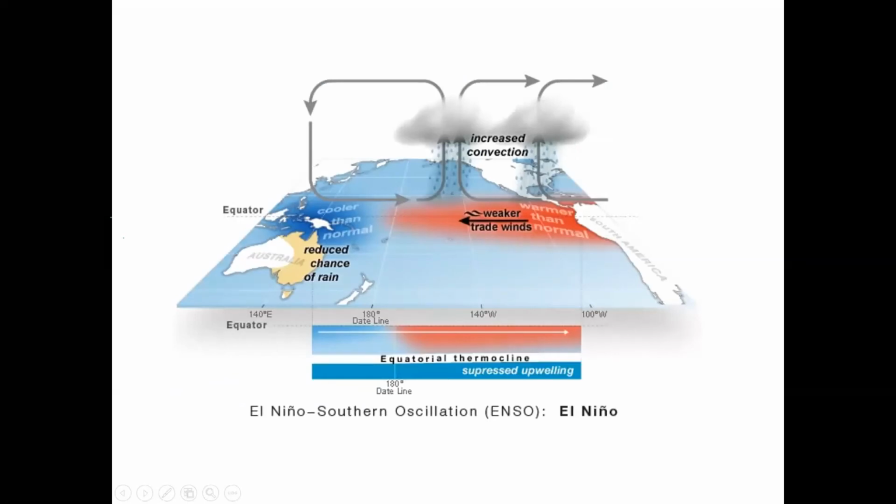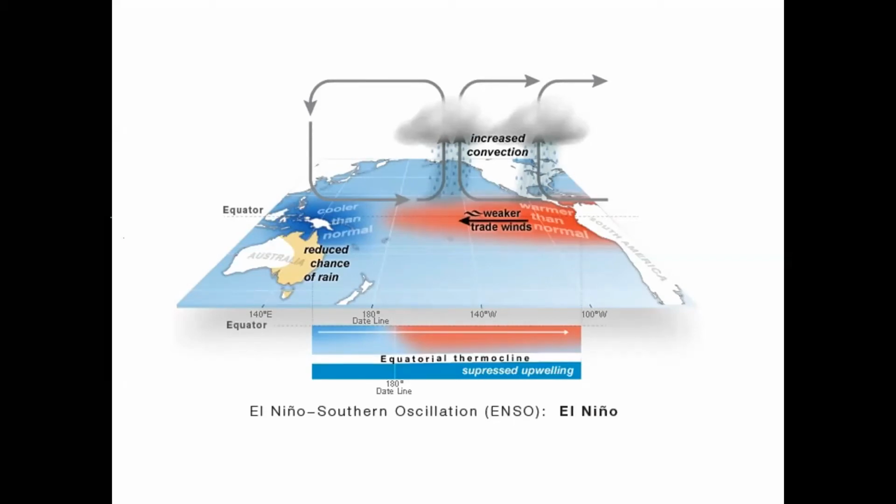Just cautious of time, I wanted to wrap up with an example focusing on Australia. You may have heard of or covered El Niño before, and this diagram shows an El Niño year, which you may refer to as ENSO, the El Niño Southern Oscillation.